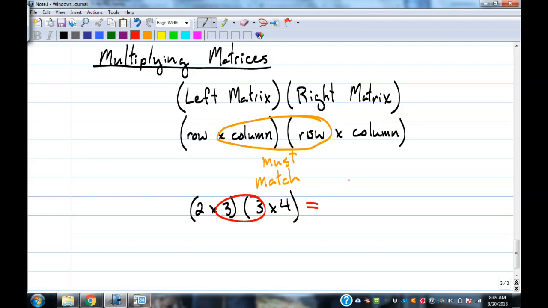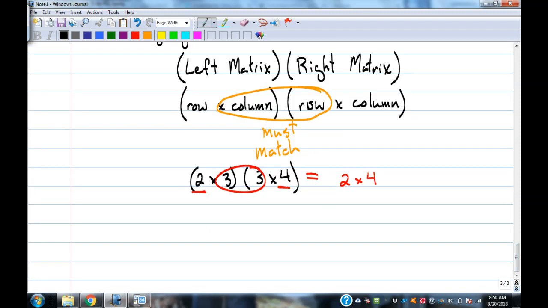When you multiply those together, the size of your answer is a 2 by 4. The size of your answer is going to match the rows from the left and the columns from the right. Those two things in the middle have got to match, though. If they don't match, you can't do it for multiplication. Okay.